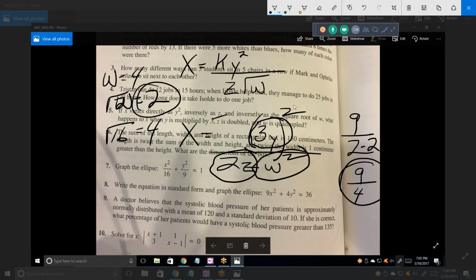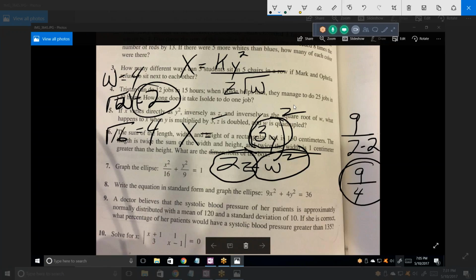And the w squared was the hardest one for me to see. The way I figured it out was by just picking a number for w, like 4. That would have meant dividing by 2, and if I increase w by quadrupling it, it becomes 16. Square root of 16 is 4. So now I'd be dividing by 4 instead of dividing by 2. So when I quadruple w, I only decrease x by half.